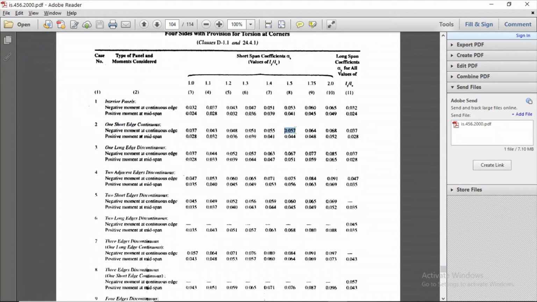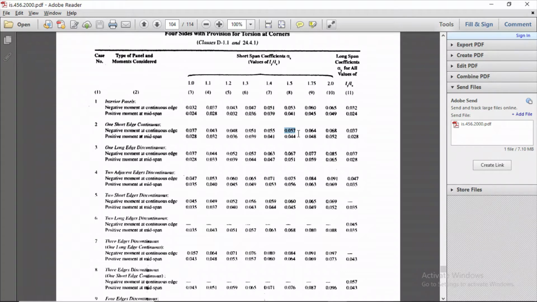alpha x positive and alpha x negative. So alpha x negative value, we are getting it as 0.058, right? As you can see in your code, it is 0.057, but this value is for 1.5, and our Ly by Lx ratio is 1.52.